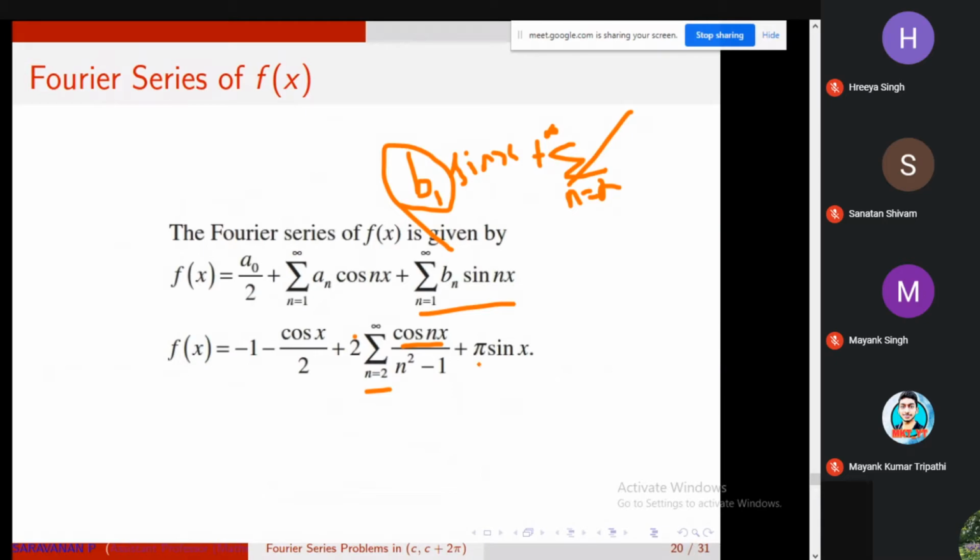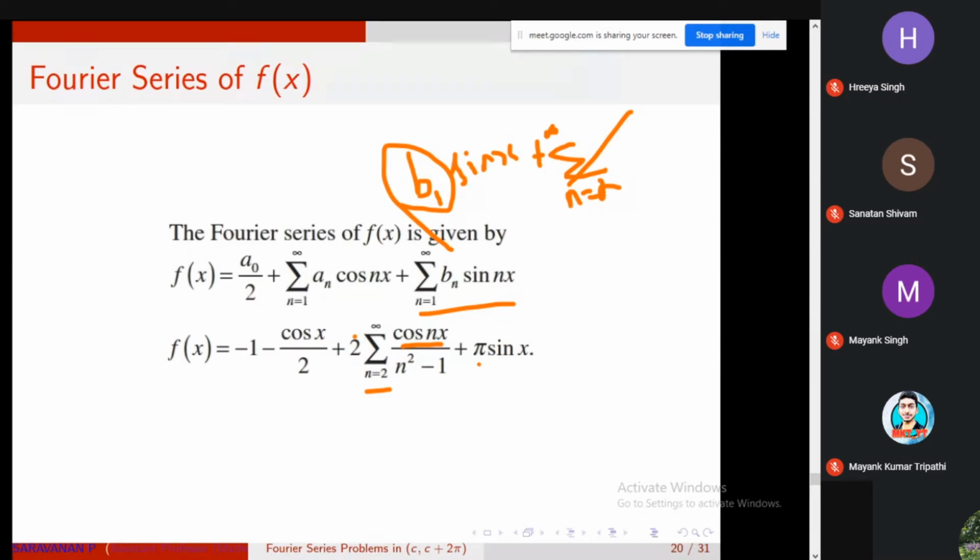This is the form. So this problem is different from all the previous problems we have solved. The reason is, in the previous problems we didn't get n square minus 1 in the denominator. We just computed a0, an, bn, then substituted there, and maybe in some problems you will deduce the series.